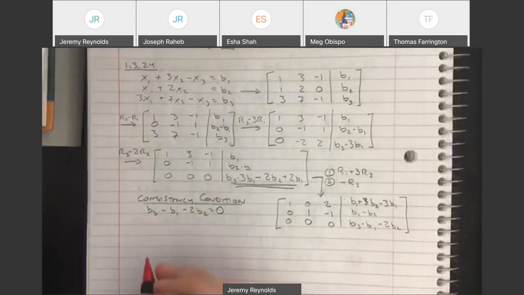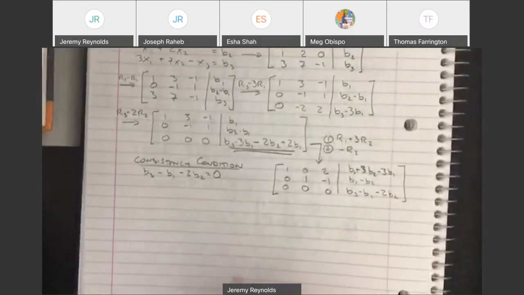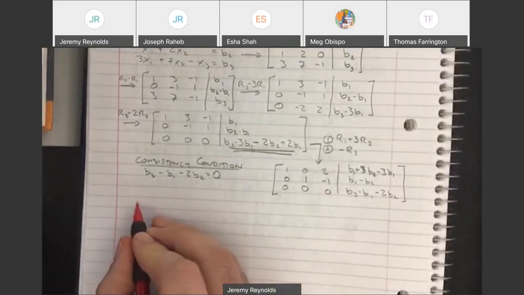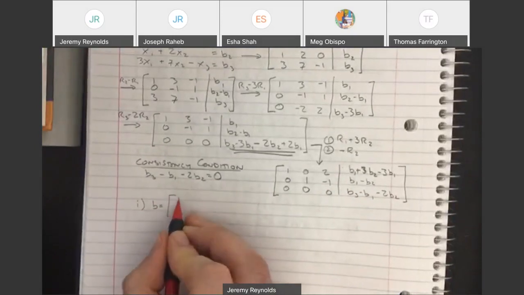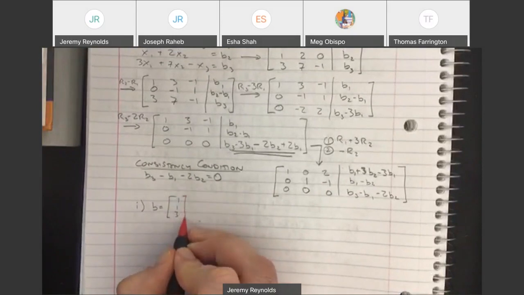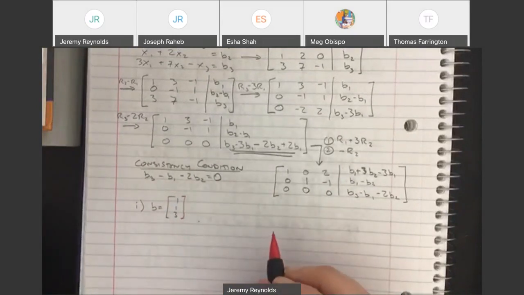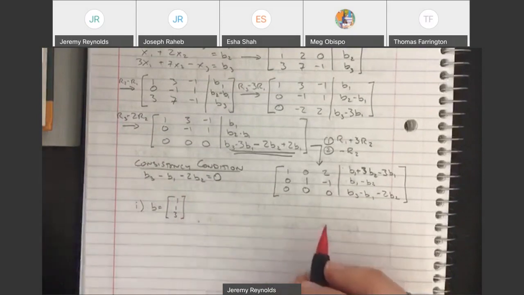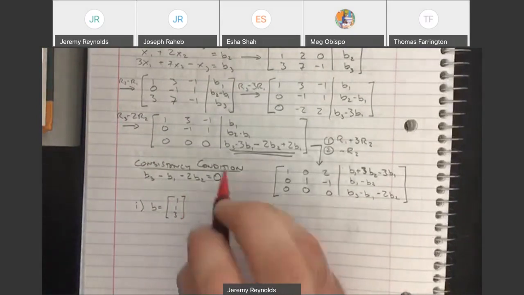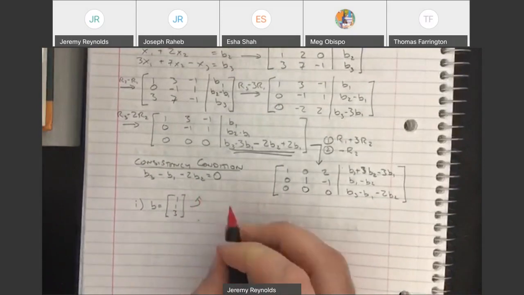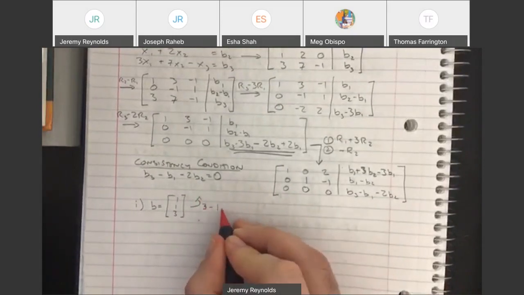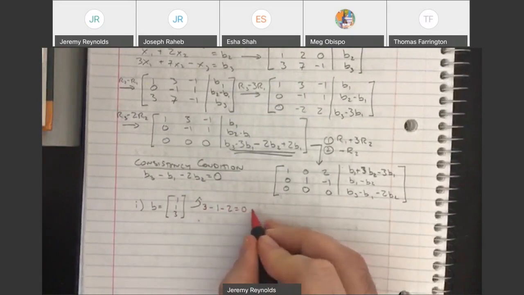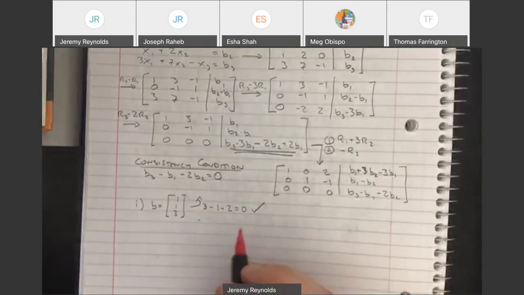The problem gives us a few different sets of data, so we're going to do two examples. First, let's say b equals 1, 1, 3. Is there a solution? And if so, what is it? We can plug those values into the consistency condition, and we get 3 minus 1 minus 2 equals 0, and that does check out, so there will be a solution.